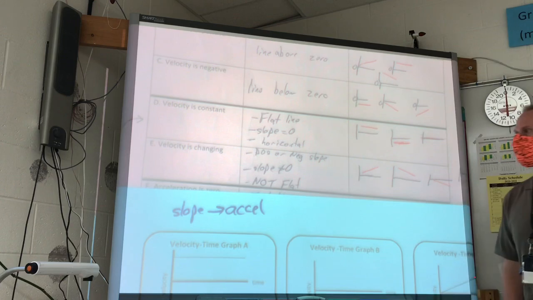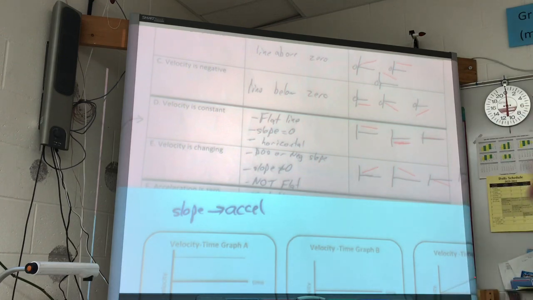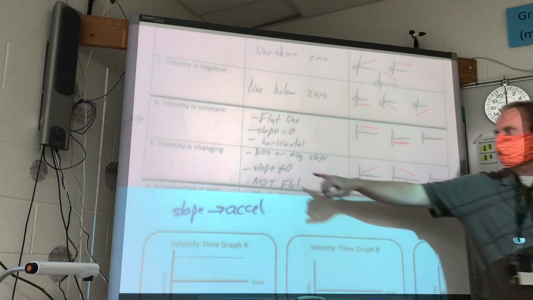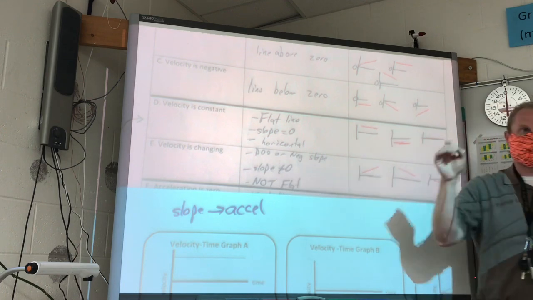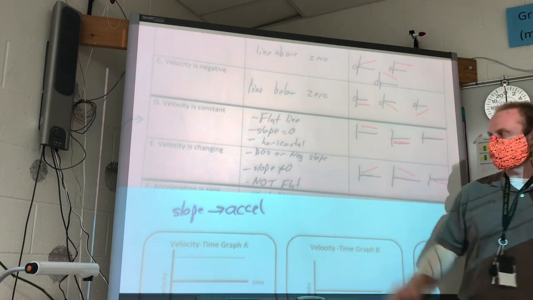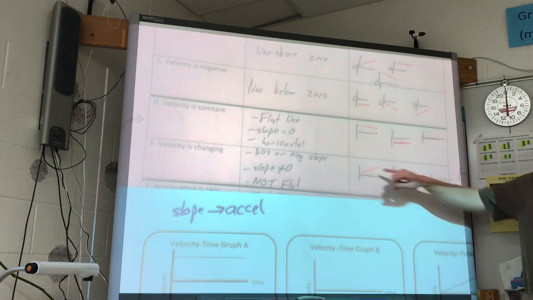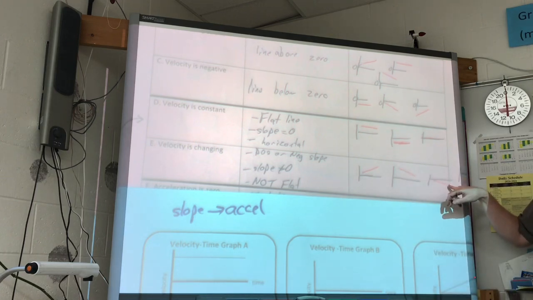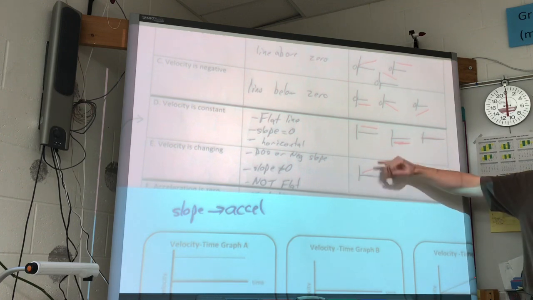Okay. Now, it has some slope. It doesn't matter whether there's a positive slope or negative, there is a slope. It's not 0. It doesn't matter if it's a really big slope or a really small slope. It's just not a 0 slope. It's not flat. It's anything but flat. It could be a negative velocity, and there's another one too, but it could be a positive velocity above the 0 with a positive slope.